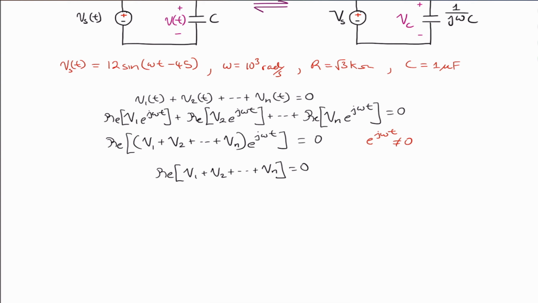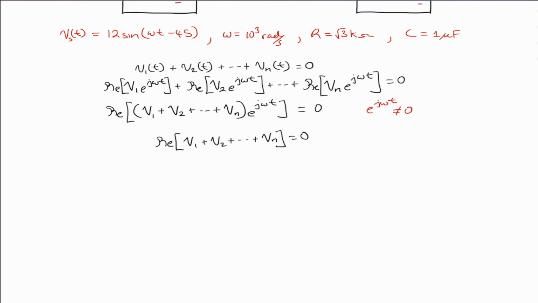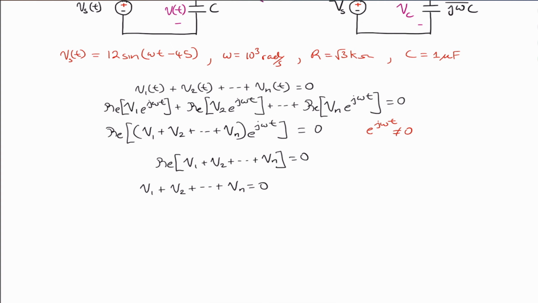So because this equals V1 plus V2 plus Vn equals 0, in the time domain we have our KVL holding, and in the phasor domain we have KVL holding.